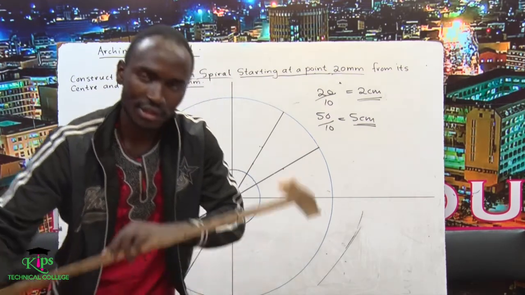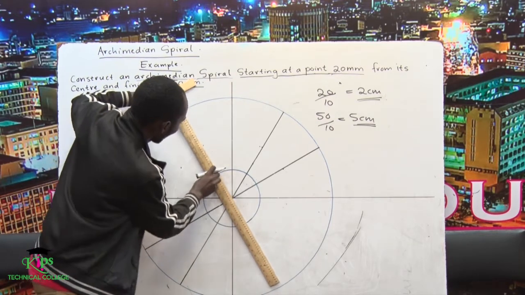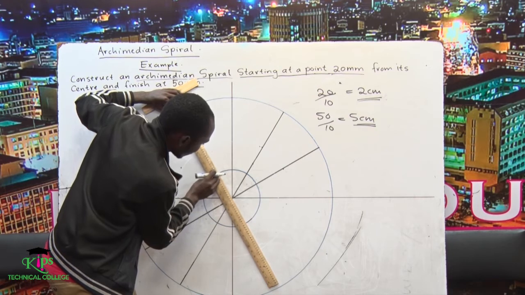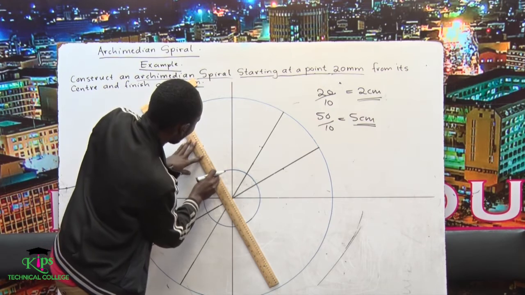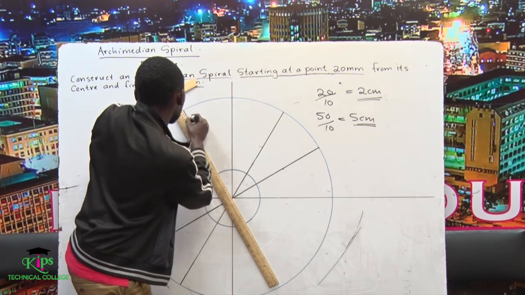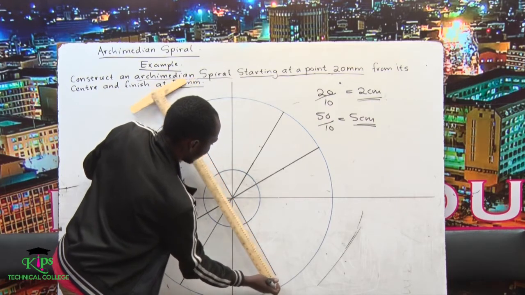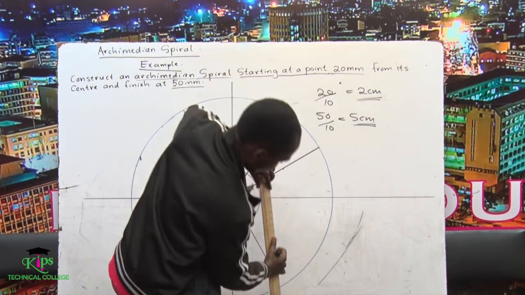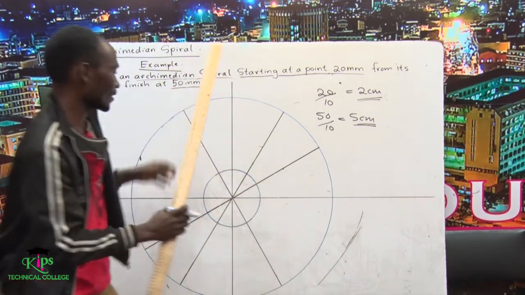Then from there you take your T-square. Like that.